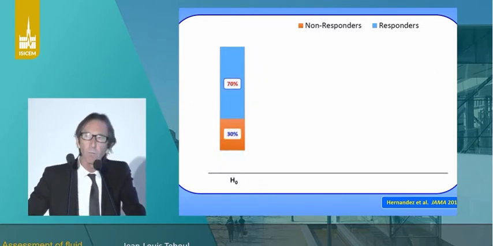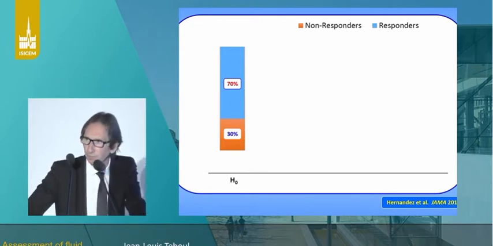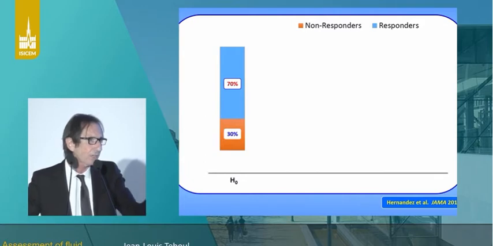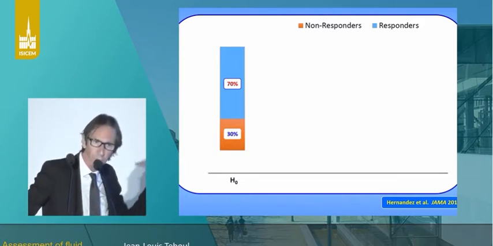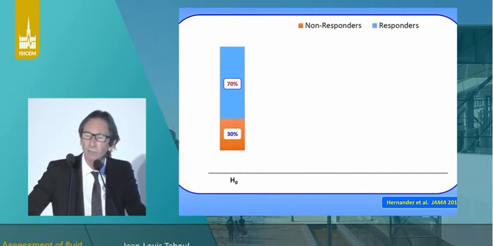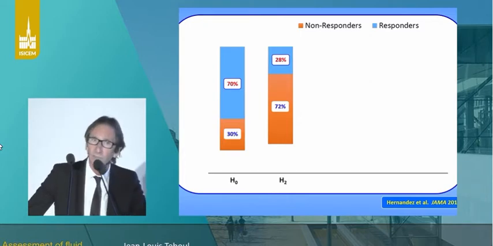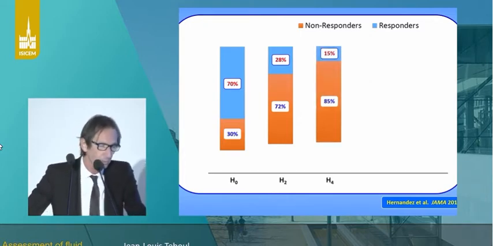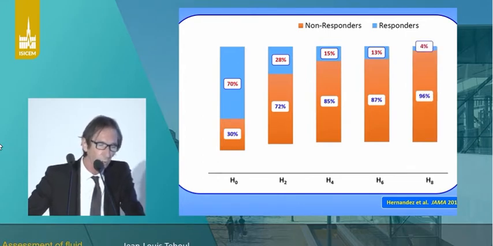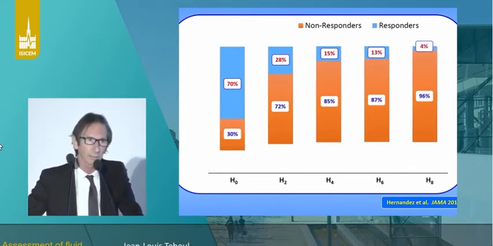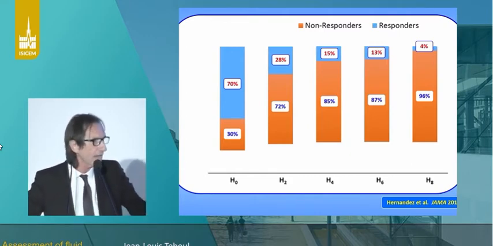And among these 82% of patients, 70% were fluid responsive at H0, at baseline. Of course, they already received fluid before inclusion. This is why 70%. But what was interesting is that after 1 hour, this percentage decreased. After 2 hours, after 4 hours, 6 and 8 hours, only 4% were still fluid responsive. So it's not a static phenomenon, it's a dynamic phenomenon over time.